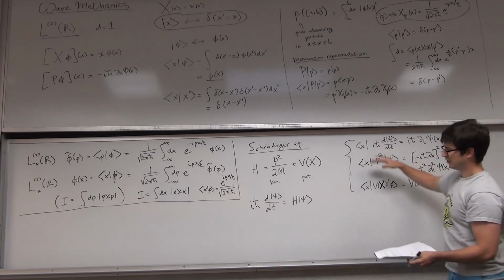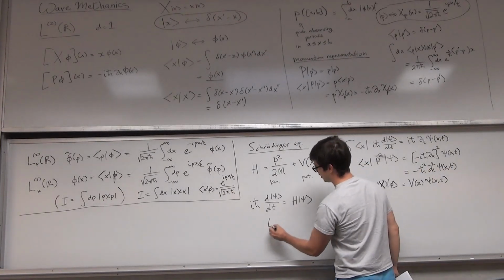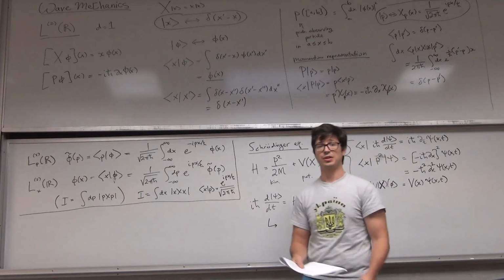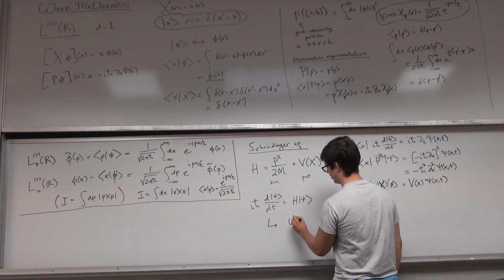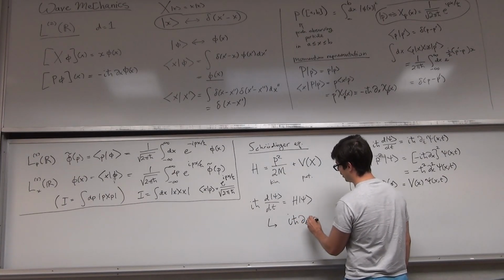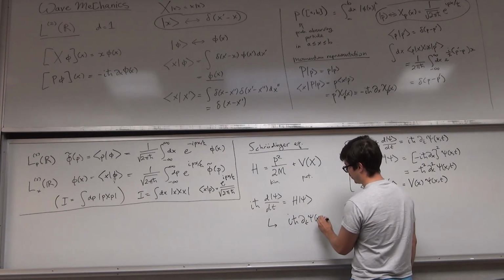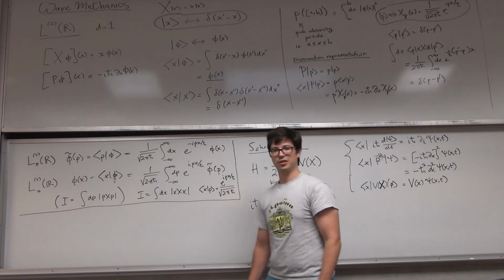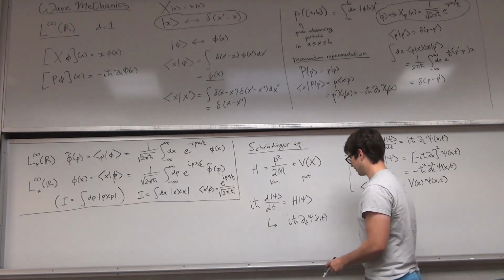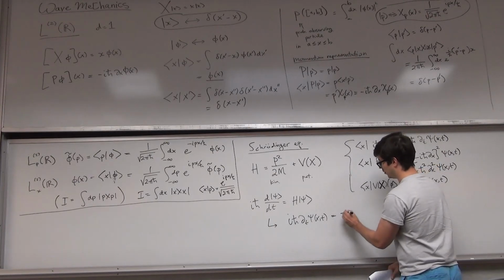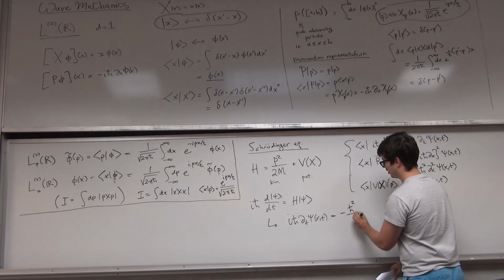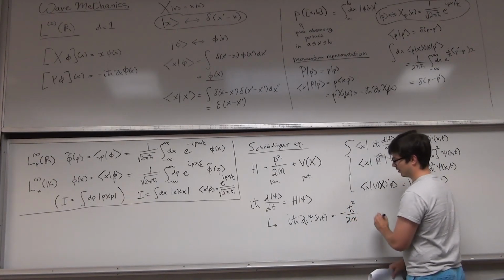So we know this, and that means the Schrödinger equation just reduces to this equation, which you're probably familiar with from undergraduate. It's what a lot of courses start with, the Schrödinger equation for a particle moving in one dimension in some potential.